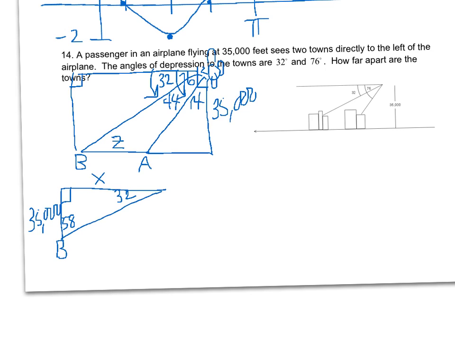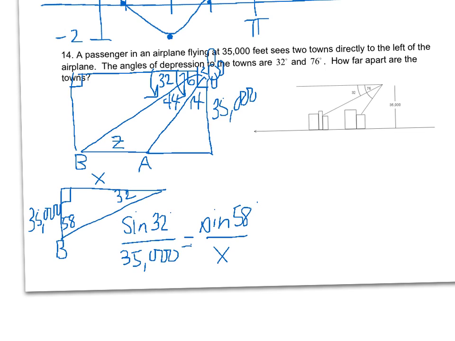So if I want to find that leg of that triangle, I'm going to use law of sines, which sets up as sine of 32 degrees divided by the side that it's looking at, which is 35,000, equals sine of 58 degrees divided by the other side, x.